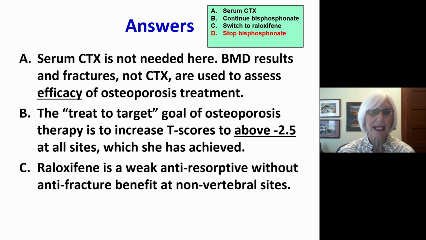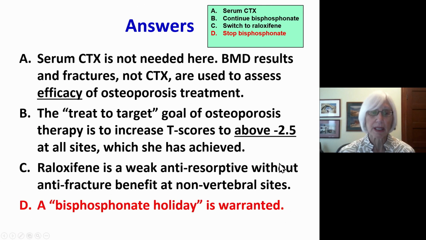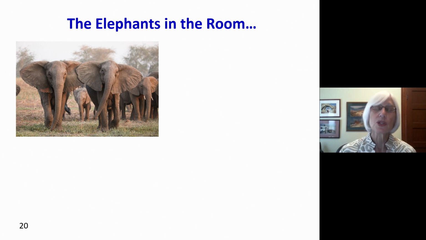And raloxifene is a weak anti-resorptive without anti-fracture benefit at non-vertebral sites. So there'd be no reason to put her on that after stopping the bisphosphonate. So this is a patient for whom a bisphosphonate holiday is warranted. So let's talk about bisphosphonate holidays.